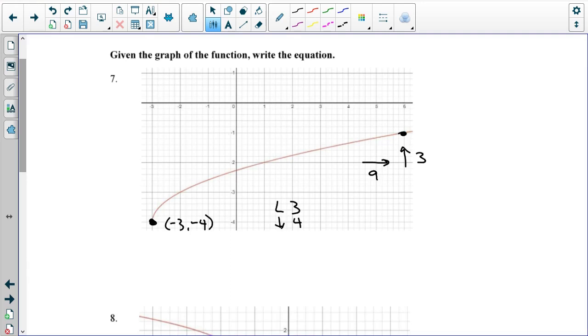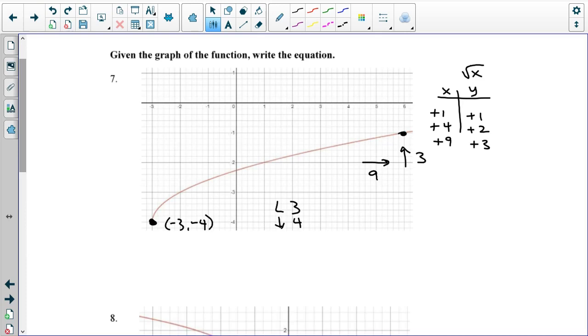So if I go over 9 and up 3, that fits right in with my square root function, because normally in my normal square root function I go over 1, up 1. If I go to the right 4, I go up 2, and if I go to the right 9, I go up 3, because I'm taking the square root of however much I go over from my initial point.